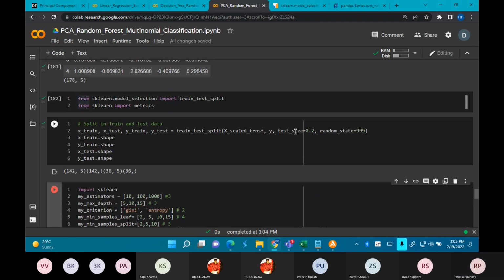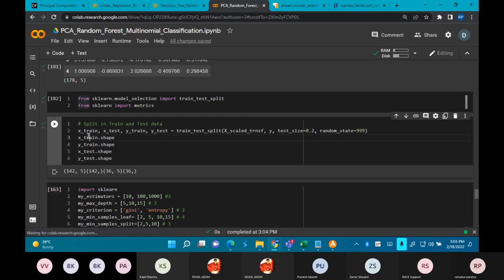X train, Y train. Okay. X train, Y train are the same. X test, Y test.